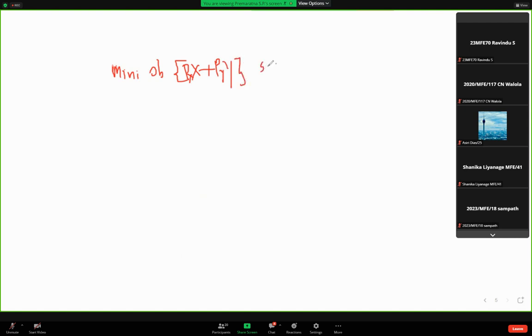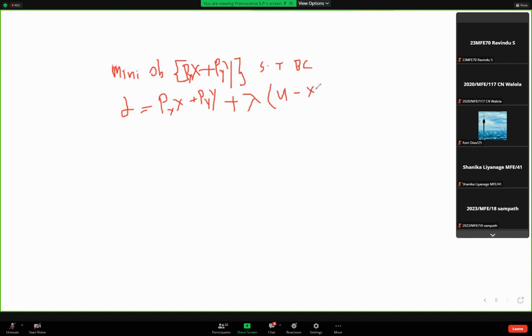Subject to the utility constraint. So there also you write the Lagrangian. The objective function is px x plus py y. Then add the constraint, that is the utility.